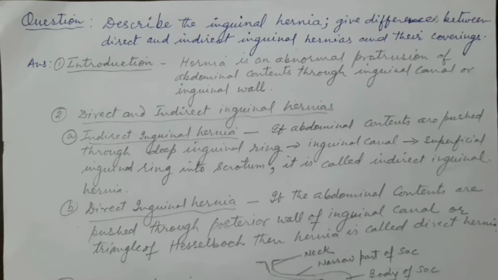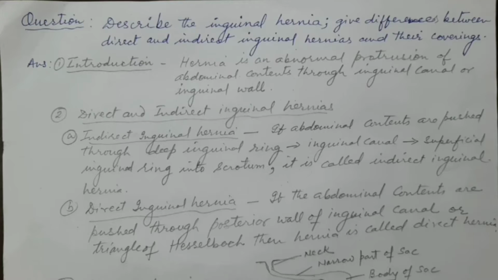When they come out through the superficial inguinal ring, they pass along with the spermatic cord into the scrotum, and this protrusion may reach up to the bottom of the scrotum or may come out through the superficial inguinal ring only and stop there. This kind of protrusion in the inguinal canal is called indirect inguinal hernia.